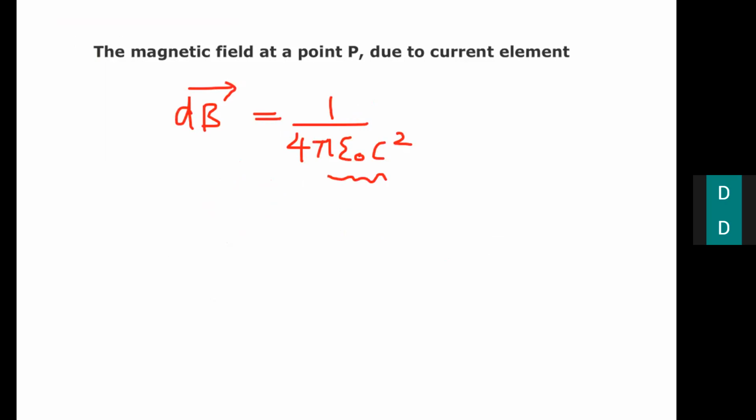In future, I might try making a video on the same, and if I make it, then I'll surely put it in the description box below so that you can find out the significance of epsilon 0 c square over here, and why we are using it in these equations involving the magnetic field and electric field, etc. So this is given as I into dl cross r upon r cube.